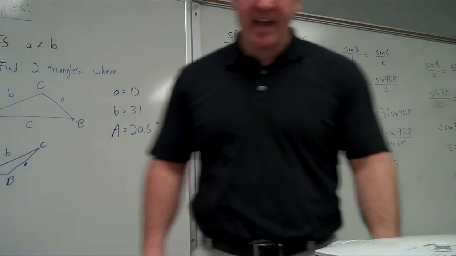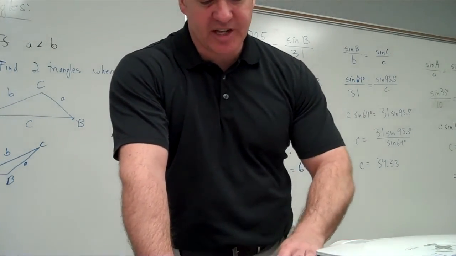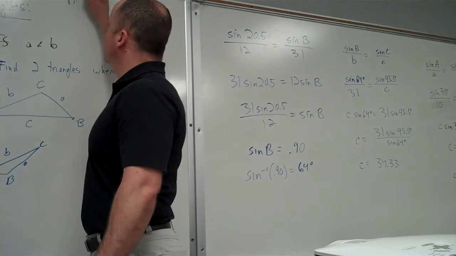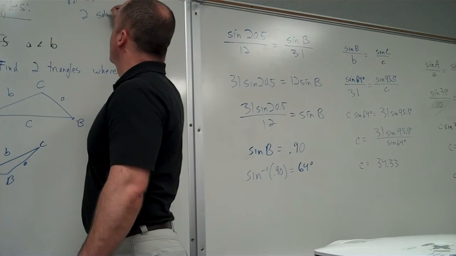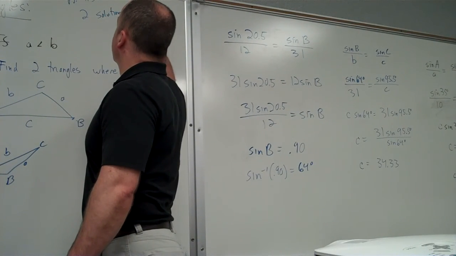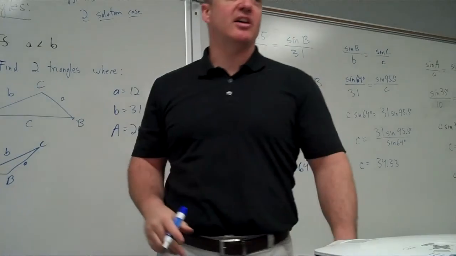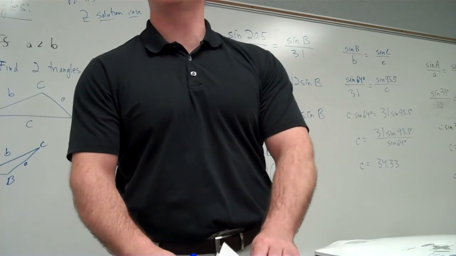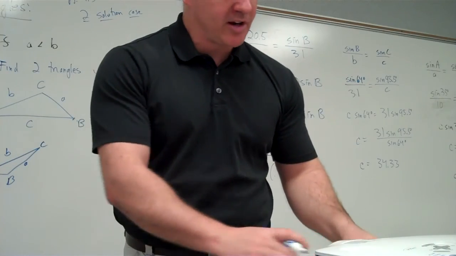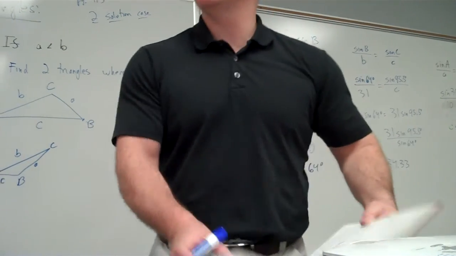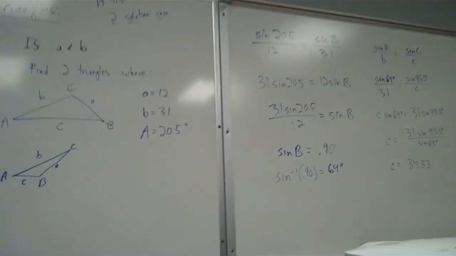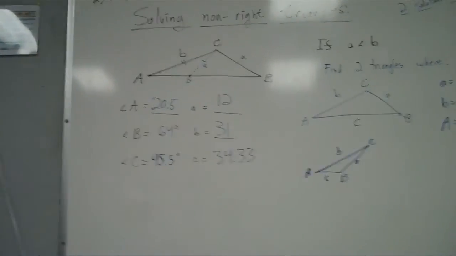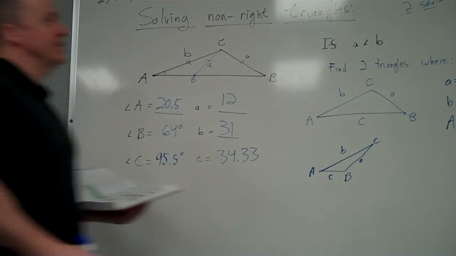This is example 2, the two solution case, on page 413. I'm going to finish this tomorrow, and it will go faster if you read it on your own. So read the rest of that example. For the homework tonight, it's page 416, 2 through 24 even.